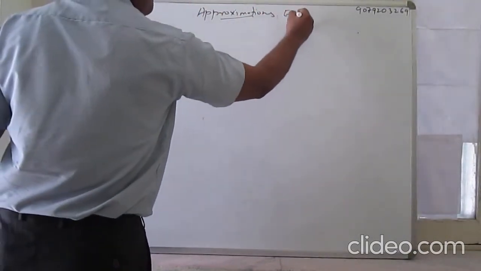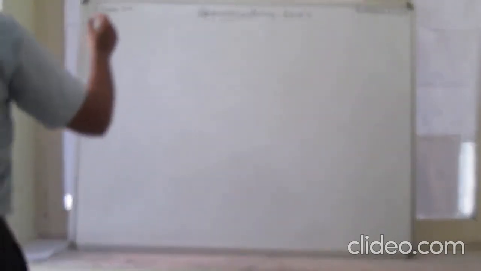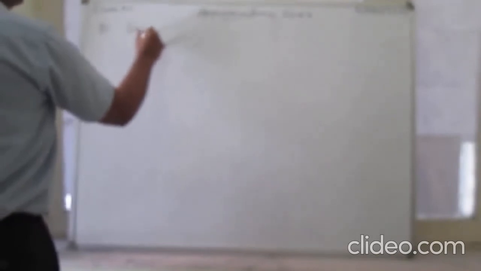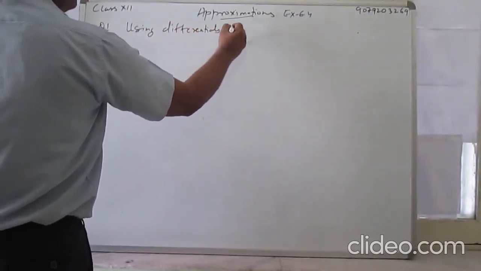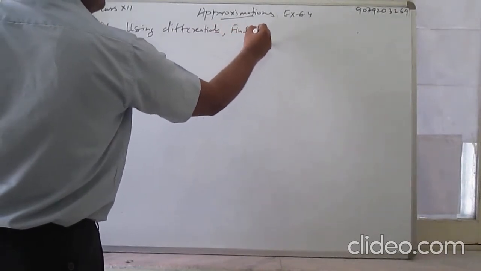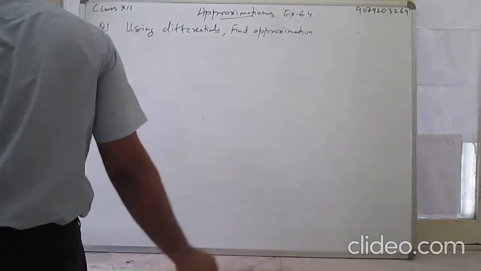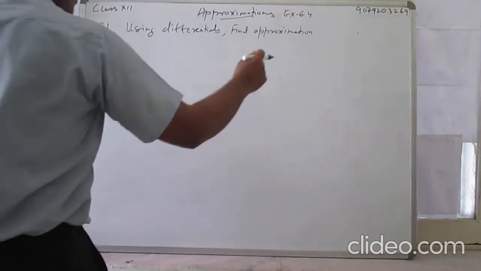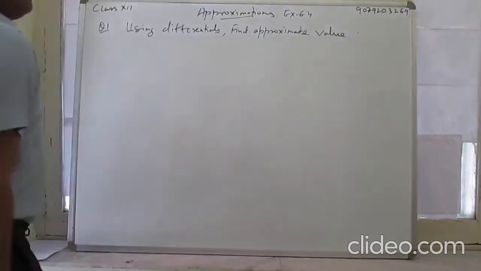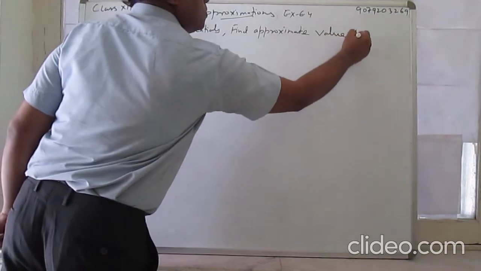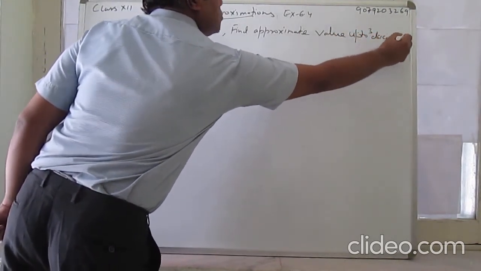Exercise 6.4. Question first. Using differentials, find the approximate value up to 3 decimals.